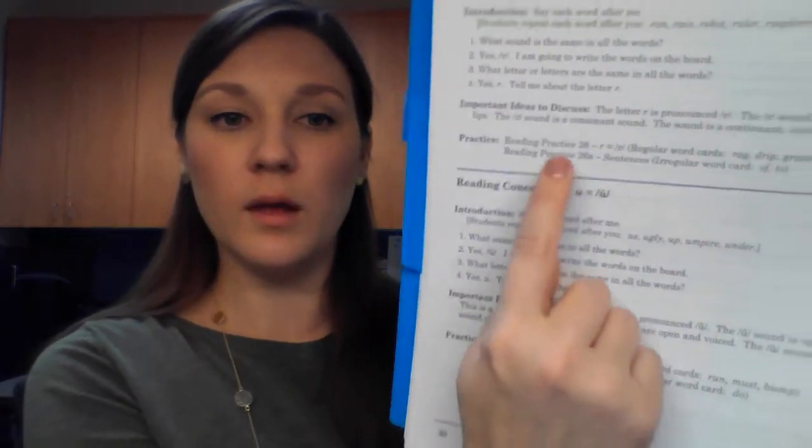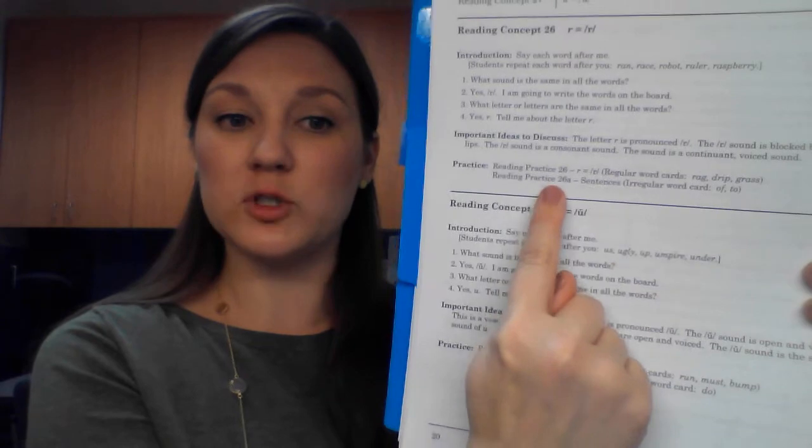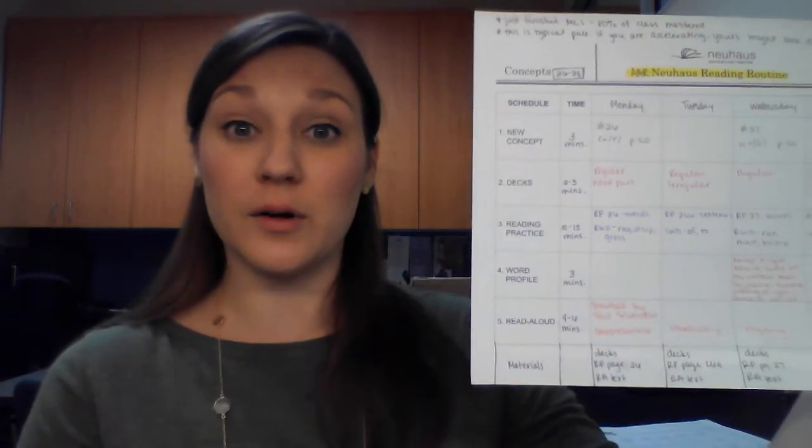The place where you can find that is in your manual. If I'm looking at reading practices, it'll tell me if I'm doing words and what I should add to my regular word deck, or if I'm doing sentences and what I should add to my irregular word deck. I think it's useful to have that information ahead of time so I'm not scrambling for the cards after we do our reading practice.